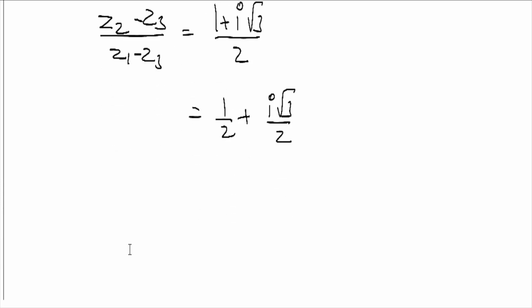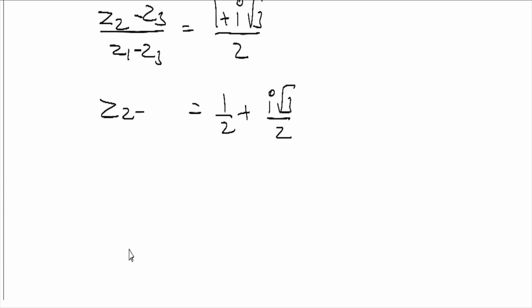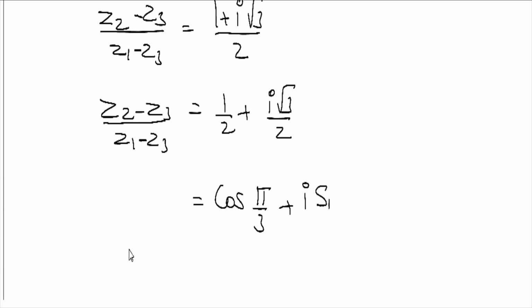So this (z2 - z3)/(z1 - z3): half is 1/2, so cos π/3 is 1/2, and sin π/3 is equal to √3/2, so I'll put it in the form of cos and sin, that is cos π/3 + i sin π/3. The magnitude of (z2 - z3)/(z1 - z3) is nothing but 1.